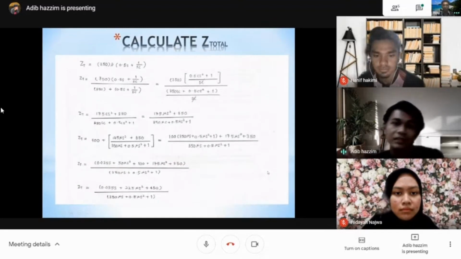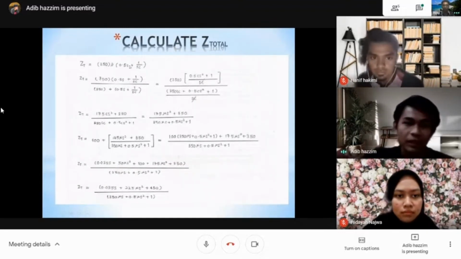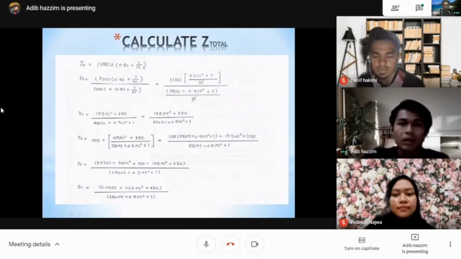The next step, we need to calculate Z total. We need to refer to the circuit, where the resistor is in parallel with the sum of the inductor and capacitor.